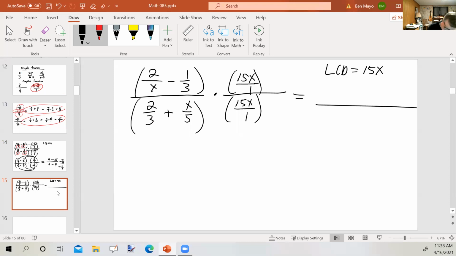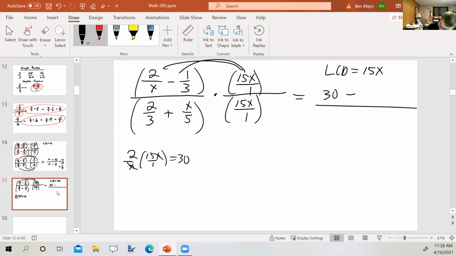Let's see here. If we take 2 over x times 15x over 1, we get 30. And then minus, we've got 1/3 times 15x over 1. 15 over 3 reduces to 5, so we've got minus 5x.